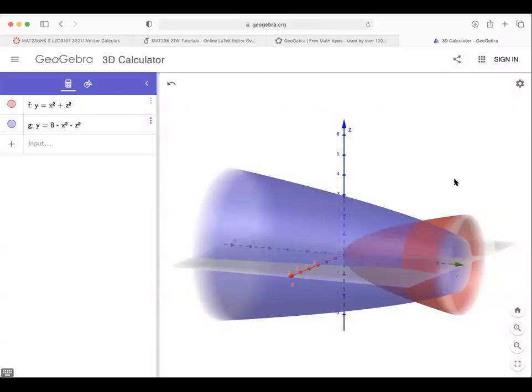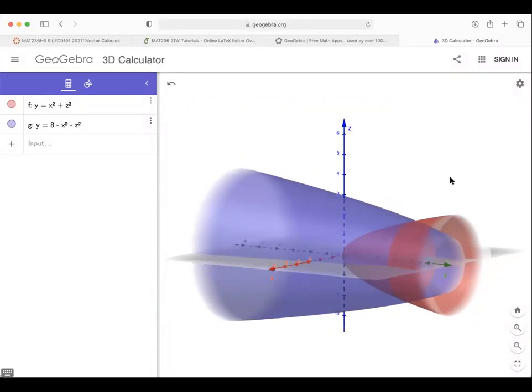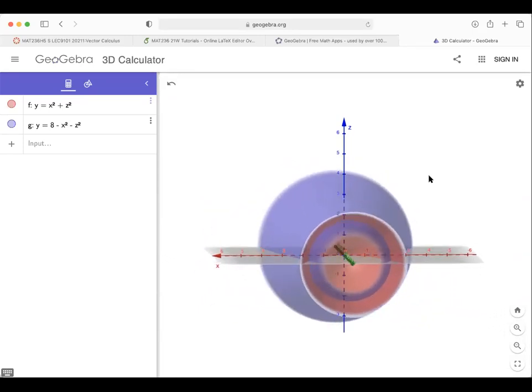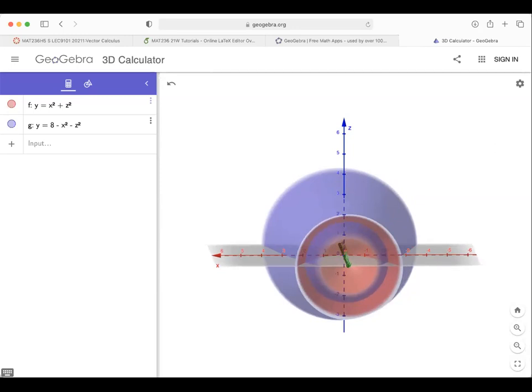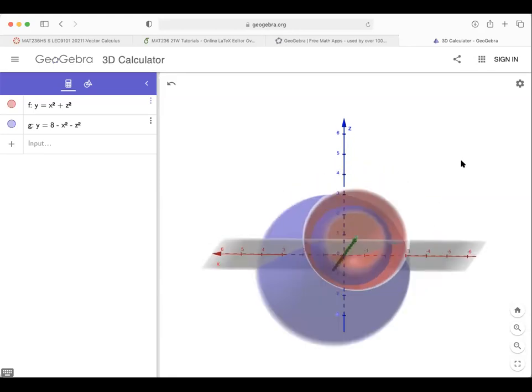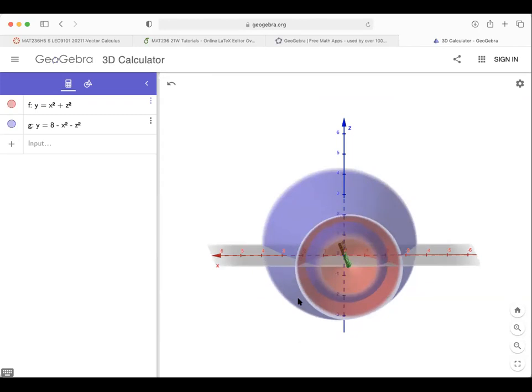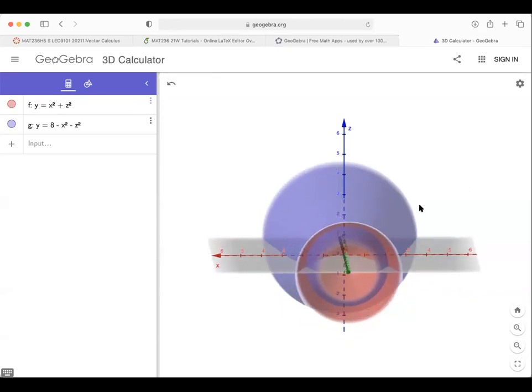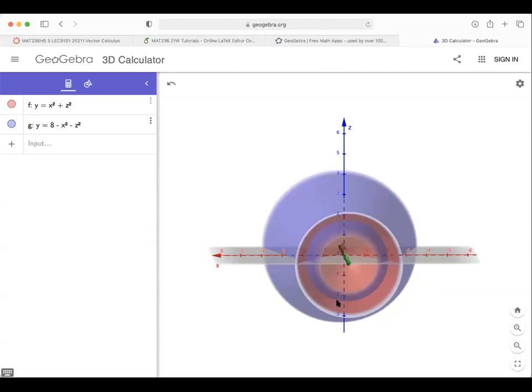Let me show you the projection again. Project on this xz plane. This is x, this is z, and the xz plane is going to be like this. You can tell that it's a circle with radius 2.